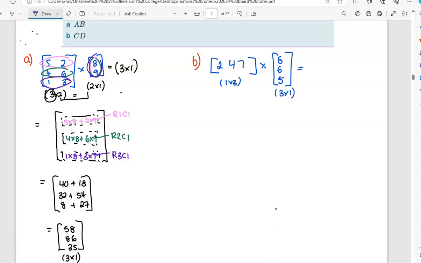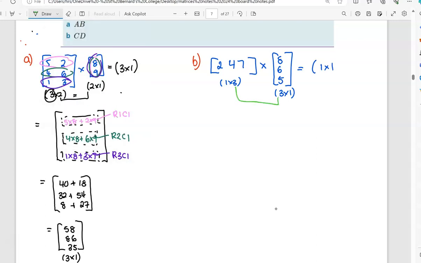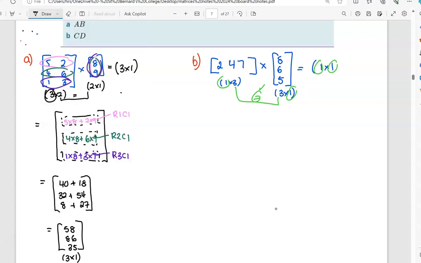So when we multiply it together, my answer should be a 1x1. So we're saying it's defined, yes, and my answer will be those numbers there. So a 1x1. I reckon it's always good to draw out what you're expecting. So I'm expecting just a matrix with just one element in there.